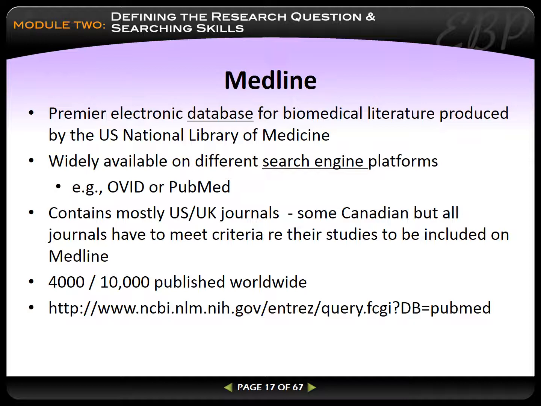It contains mostly US and UK journals. There are some Canadian. They have to be high level to get into the Medline and PubMed databases, and have to meet certain criteria. And for example, Physiotherapy Canada has not yet made it to the database.